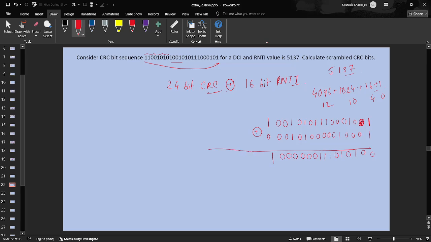And here I have to just copy paste the most significant 8 bits, 1100 and 1010, and this is the total scrambled 24-bit DCI sequence for that particular user.